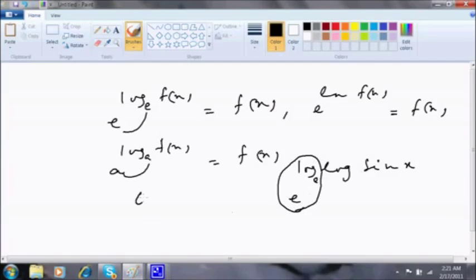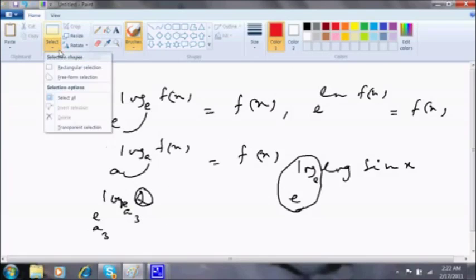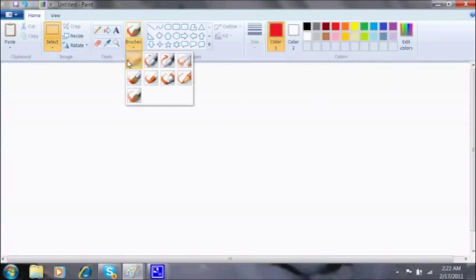Any question in differentiation can be written that way. If it is e, it is e. If it is a, it is a. If it is 3, it is 3. Any question in differentiation can be asked differently, and the question will look quite tough, but you should understand that the question setter is just changing the format of the question.